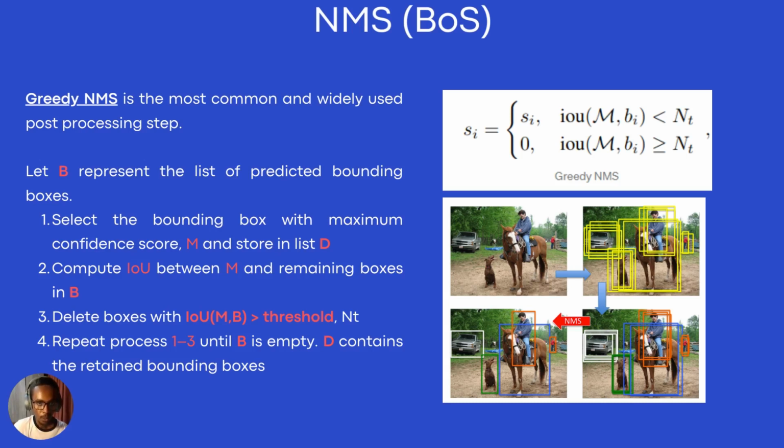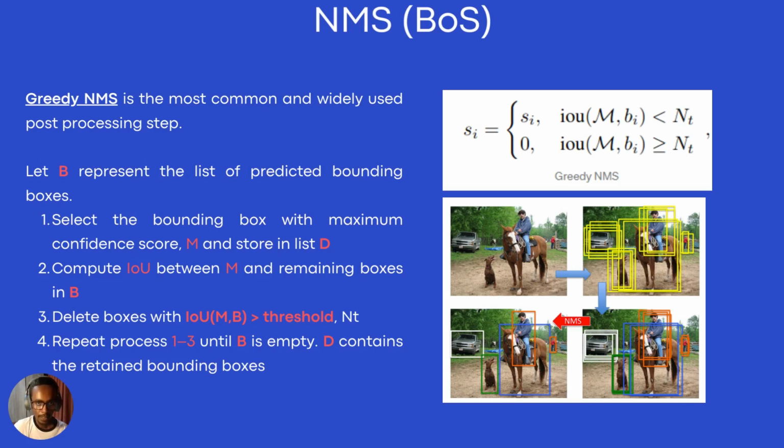Then we delete the boxes whose IOU is greater than the IOU threshold, and we repeat the process until B is empty and D will contain the retained bounding boxes.